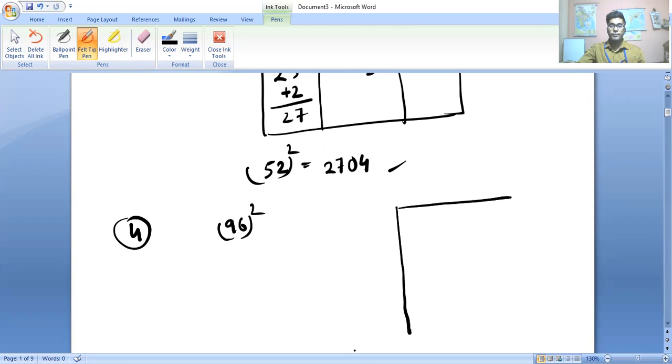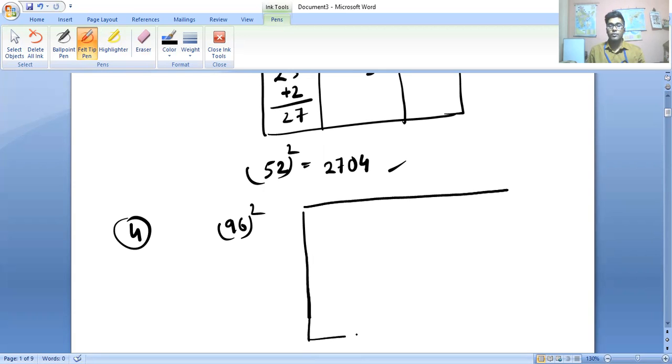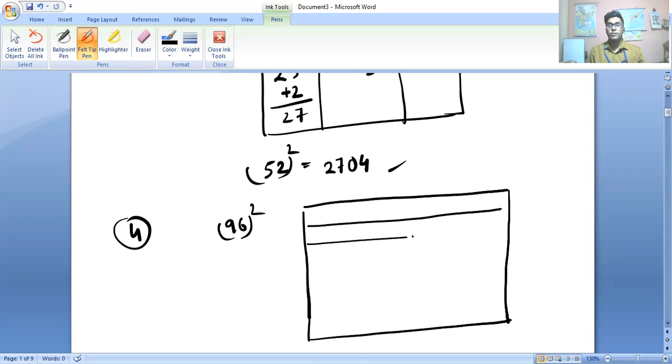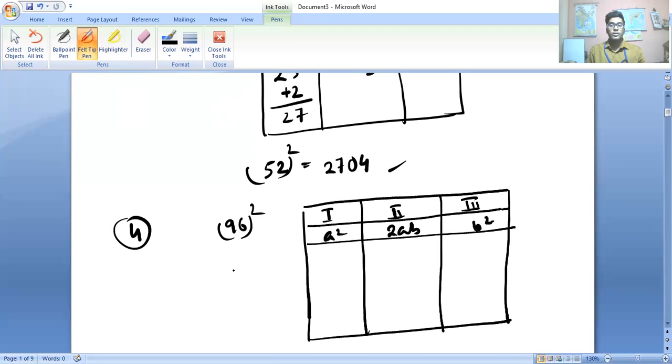So again, A we take 9, B we take 6. So find A square, so 81, then 2AB, and finally B square.